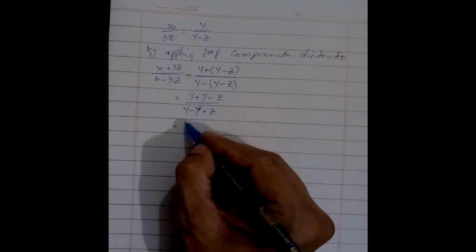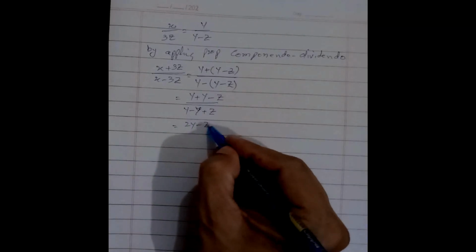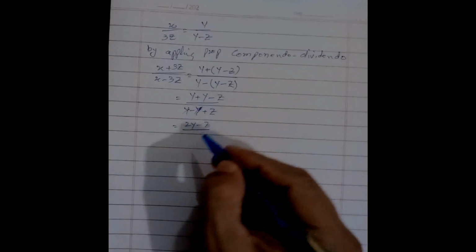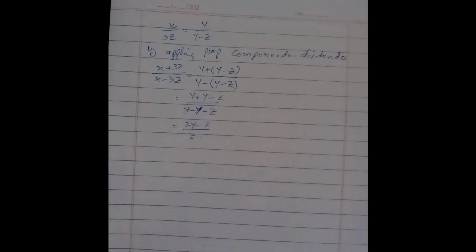Simplify these values. We get 2y minus z over, y cancels with y, we have z only.